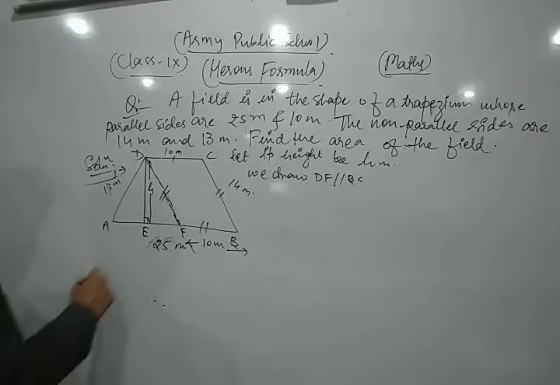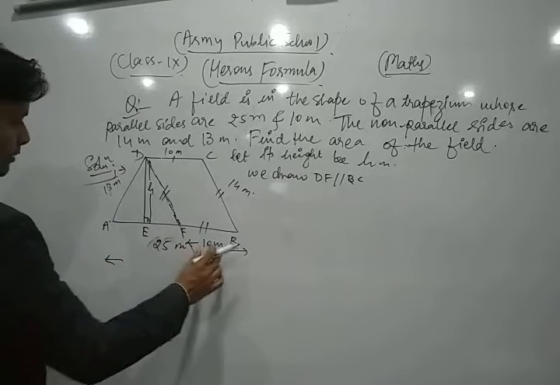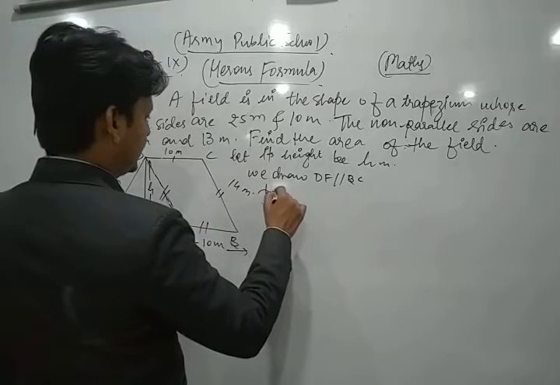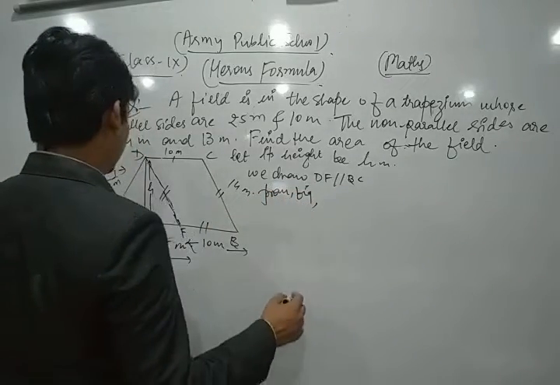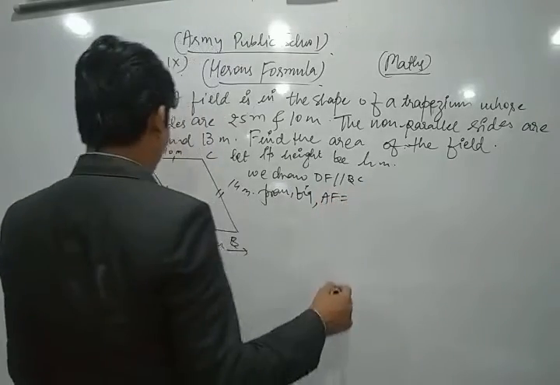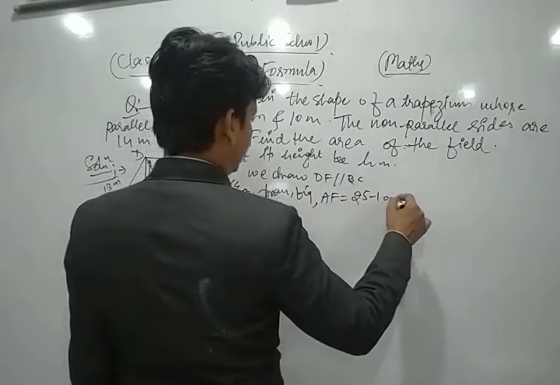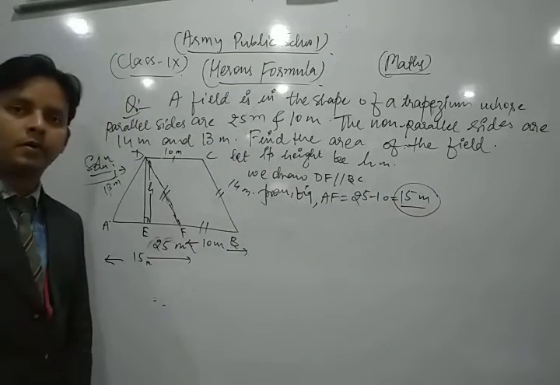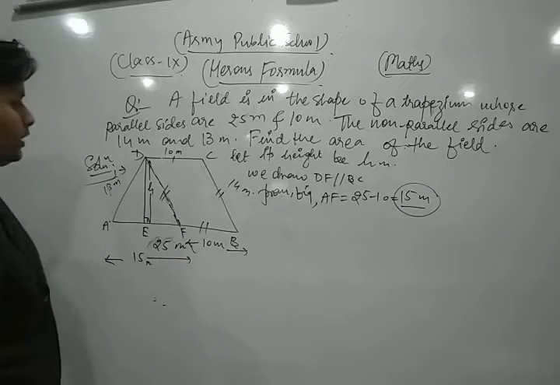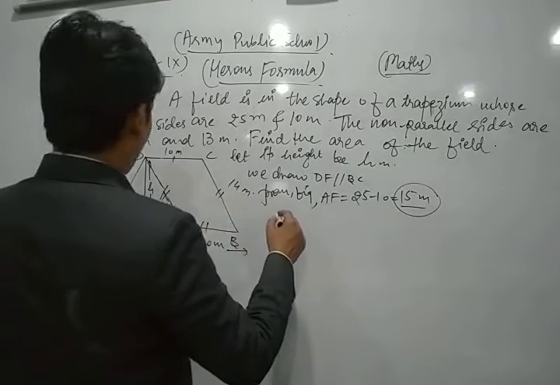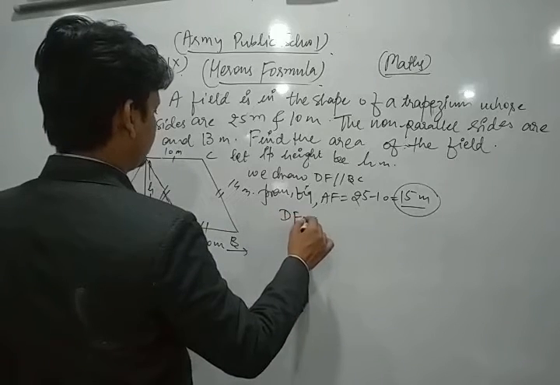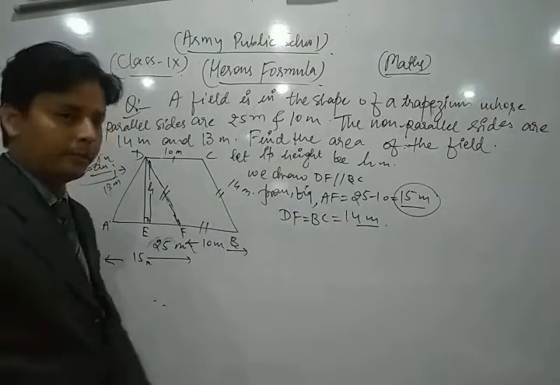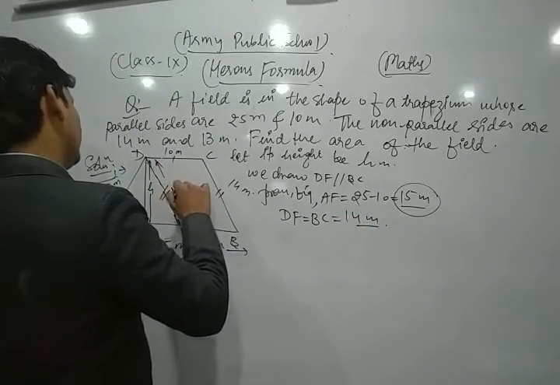Now the distance AF is 25 minus 10, that is 15 meters. This is 15 meter, and here DF is equal to BC, which is 14 meter.